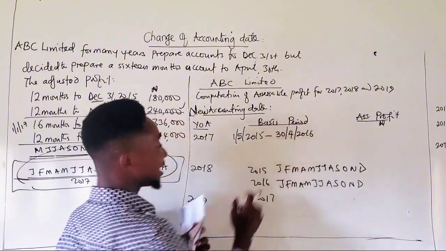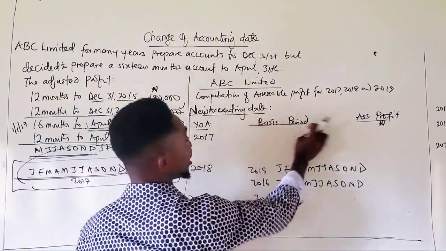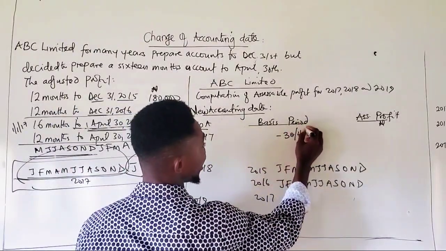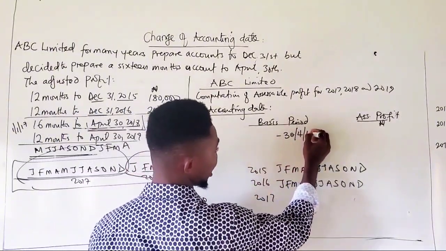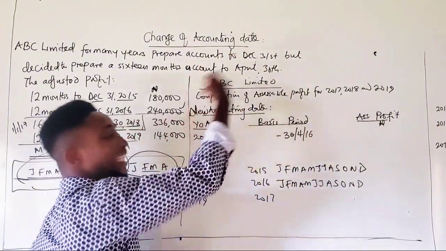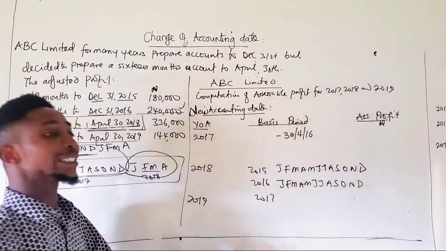Now, we say the new accounting date is 30th of what? April. So it means they are ending account 30th of April. Preceding year, which year comes before 2017 is 2016. So if you count 12 months back to know when they started to have reported profit as at this date, when did they start?